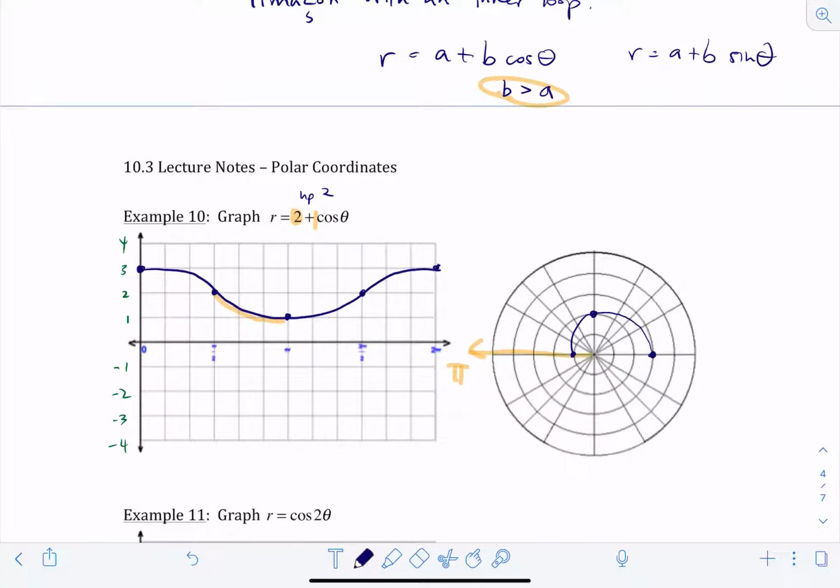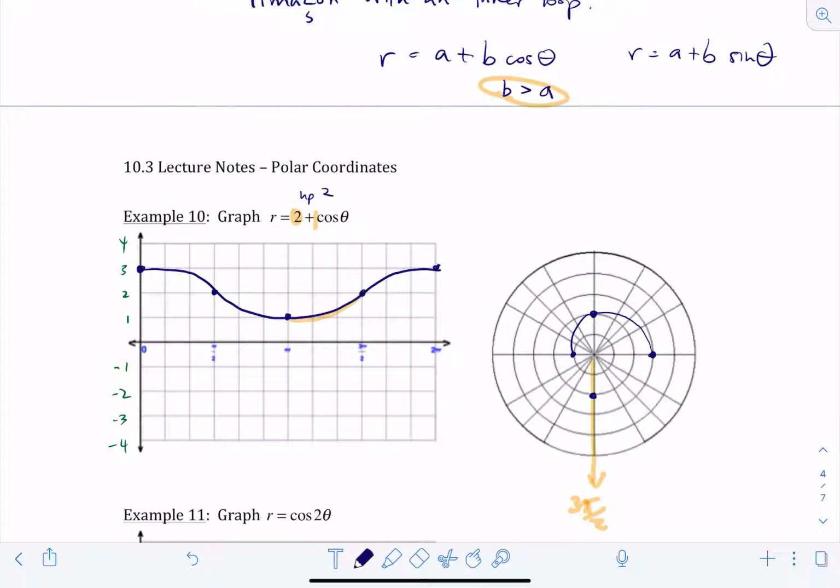Okay, great. Then the next piece, I go from pi to 3 pi over 2. So 3 pi over 2 is this way. As I swing from pi to 3 pi over 2, my radius is increasing from 1 to 2. So it goes out to 2 right here.